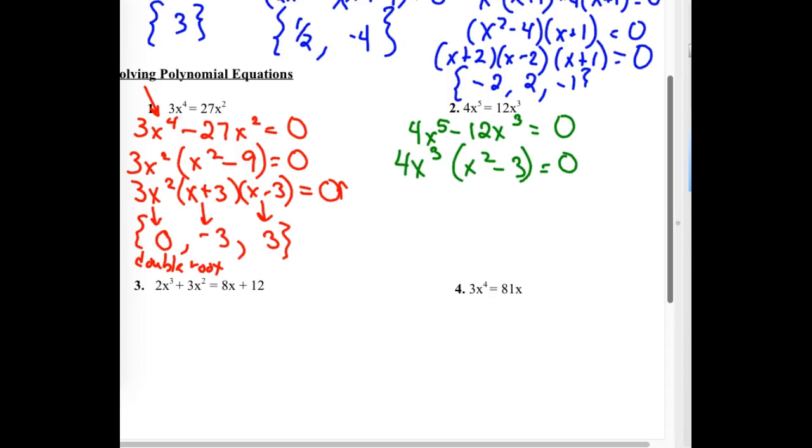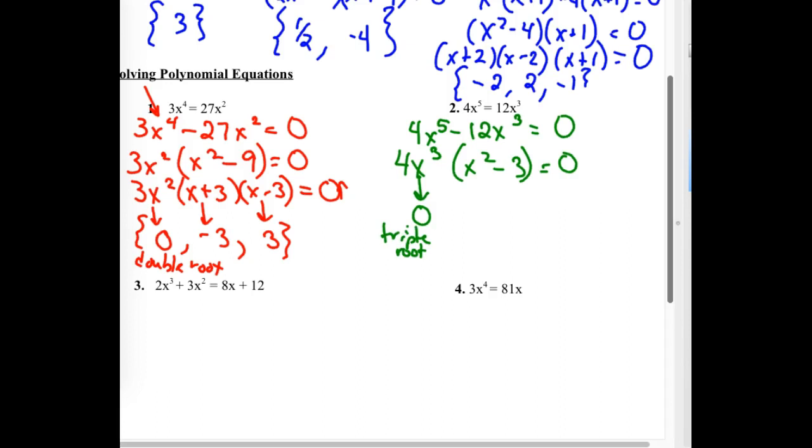So that's not a difference of squares pattern. We can still solve this, though. What's my zeros from the 4x cubed piece? 0. How many times is that going to show up? Yeah, that's a triple root, because any of those 3 x's that are in my x cubed piece could have been a 0. So this is a triple root. It's going to account for 3 of my answers.